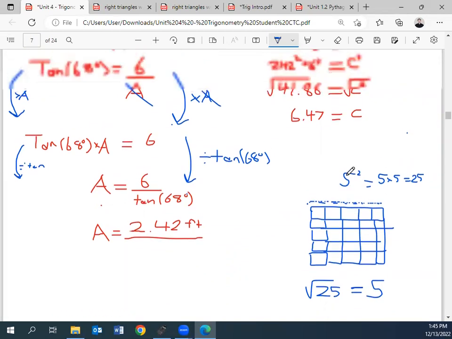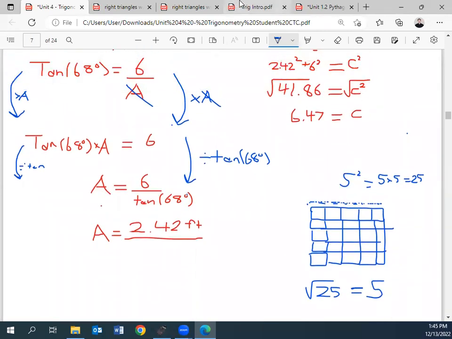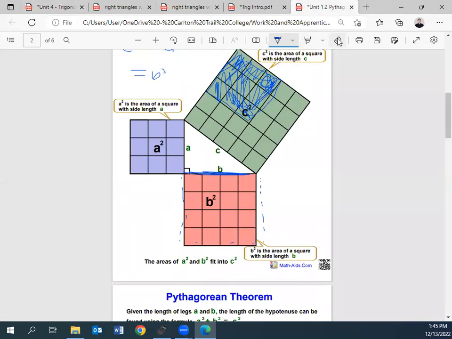But again, how come we're taking the square root of c squared? That's where this comes into play, right? My gosh, I'm going to erase a whole bunch of stuff here. We've already established that this c squared is just these blocks plus these blocks added up.